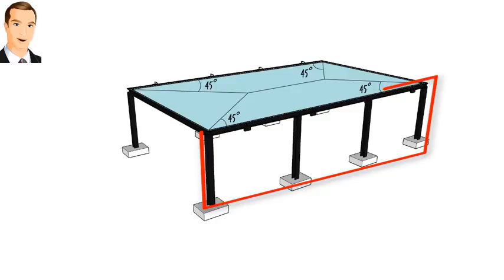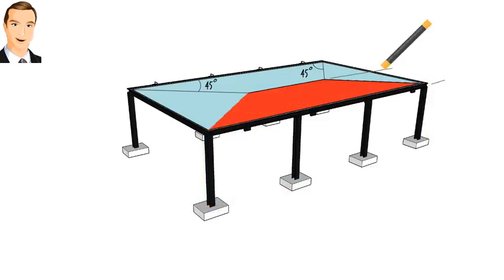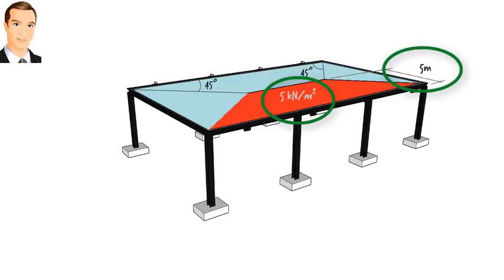Here, since we are focusing on this frame, we only need to take into consideration this tributary area. We need to transform the trapezoidal area load to a trapezoidal line load in order to place it on our long beam. This transformation is rather straightforward. All we have to do is multiply the magnitude of the area load, which is 5 kilonewtons per square meter, by the height of the trapezoid.